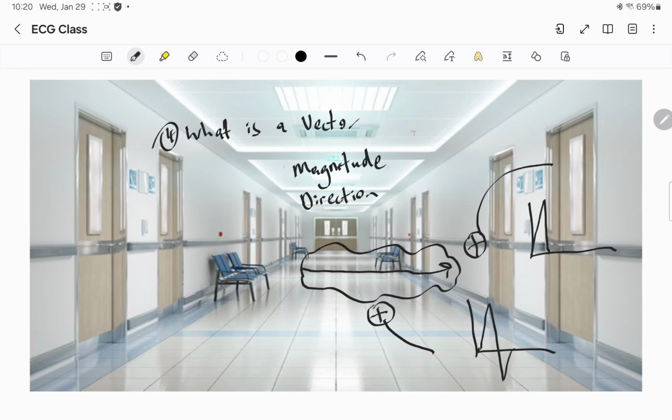So in the analysis of the electrocardiogram, the direction in which the electrical vectors go makes a difference in how they will look on the ECG and how you'll be required to interpret them. So that's the basic concept.